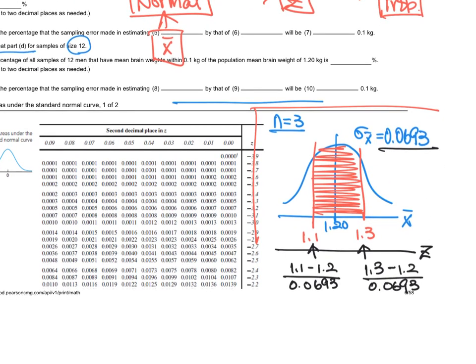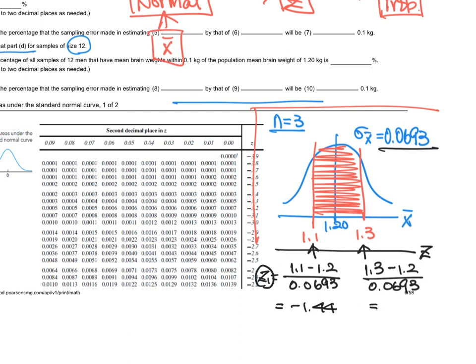So now let me take the first one. The first z-score, z1, is 1.1 minus 1.2, that is a negative 0.1 over the standard deviation 0.0693. That is the negative 1.443. But most of the time, we need the two decimals for the z-score. So I just take negative 1.44.